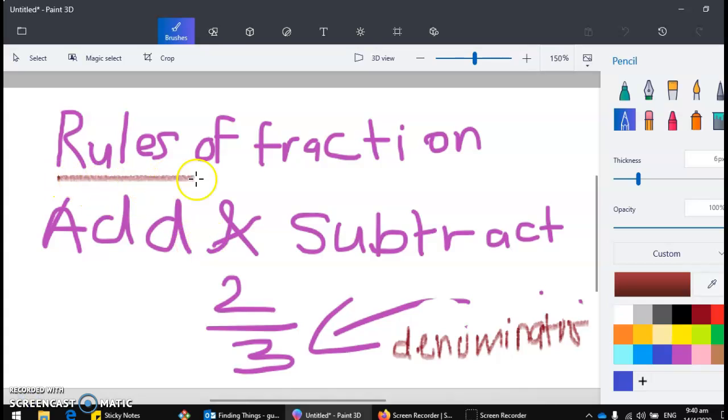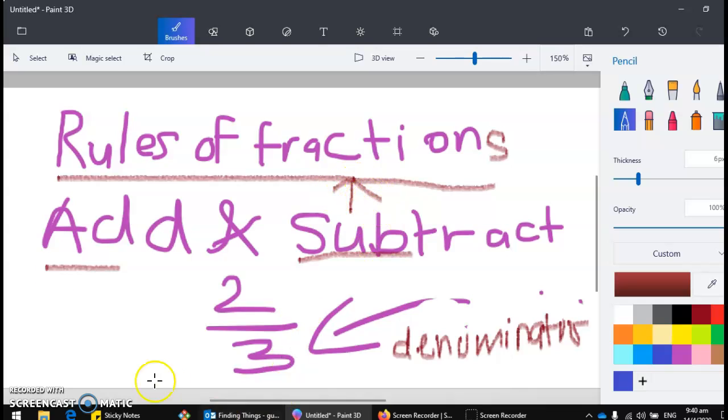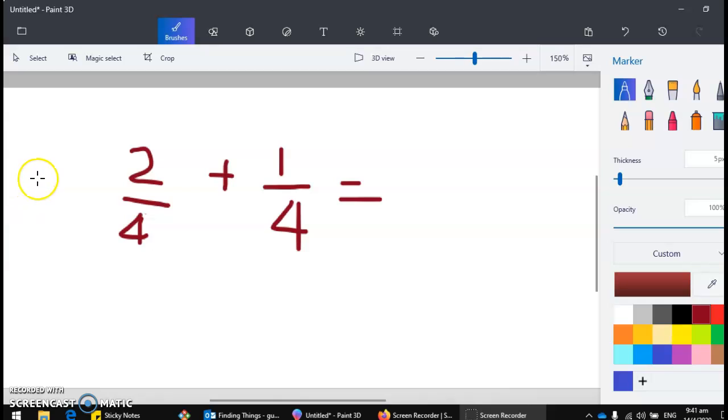Okay, let's go through the rules of fractions. Number 1. For adding and subtracting fractions, what is the rule? The denominator must be the same.